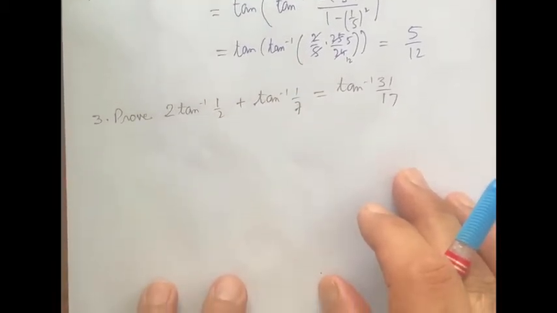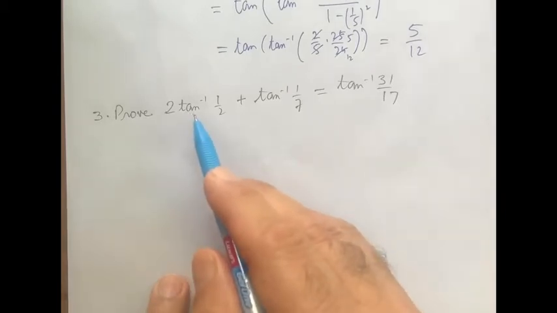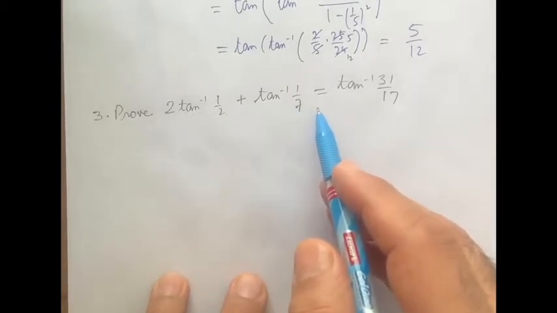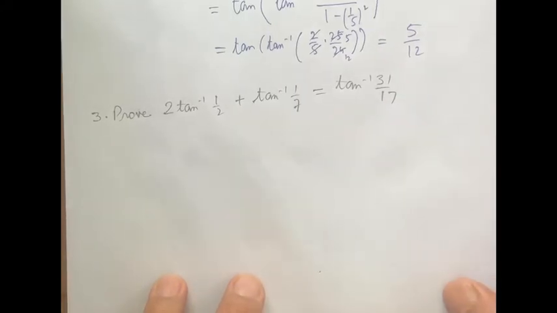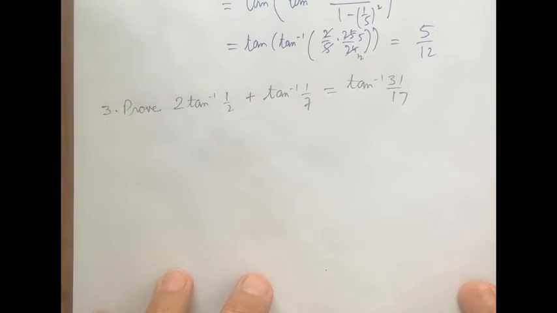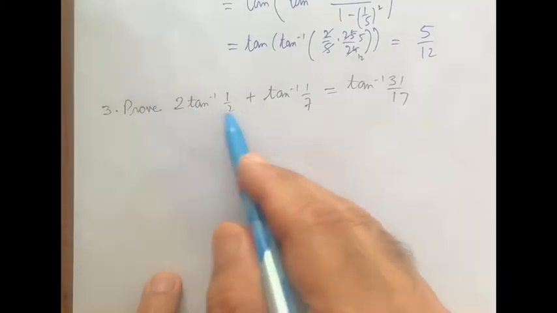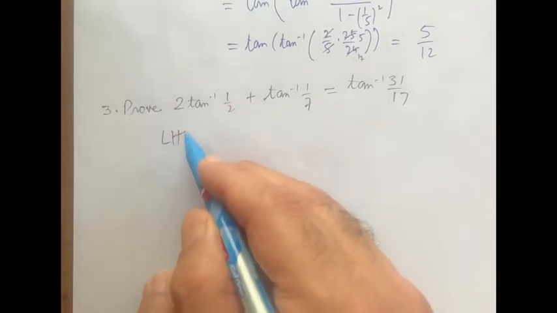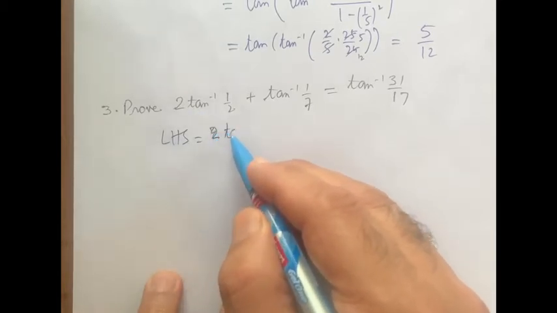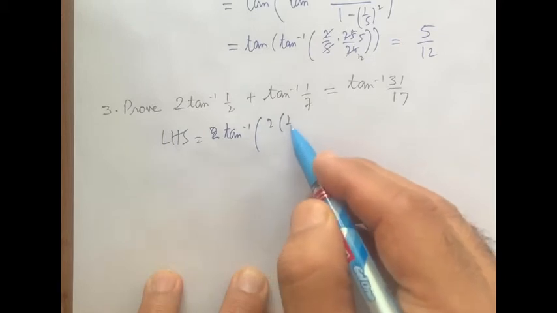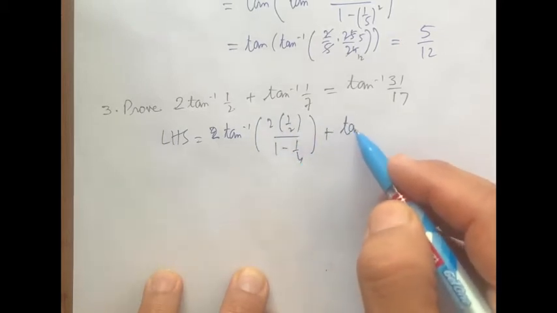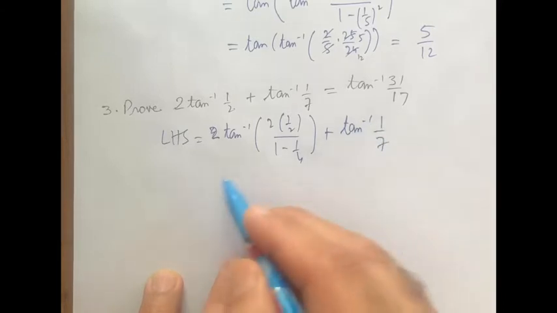And the next one, we have to prove 2 tan inverse of half plus tan inverse of 1 by 7 is equal to tan inverse of 31 by 17. So we start from the left hand side. 2 tan inverse of x is tan inverse of 2 into x upon 1 minus x square, plus tan inverse of 1 by 7.